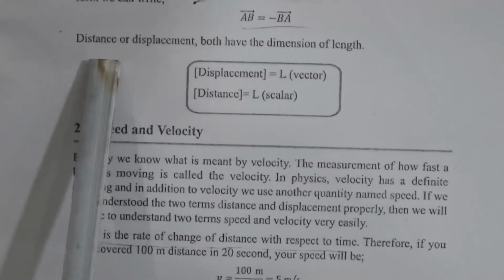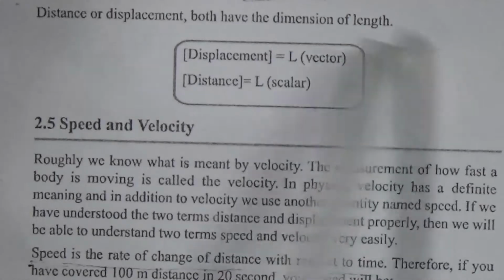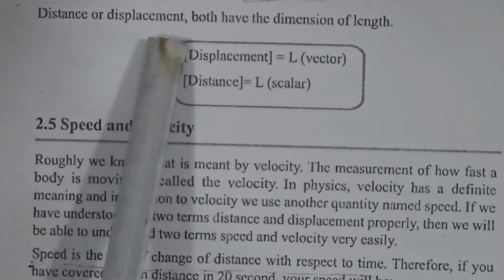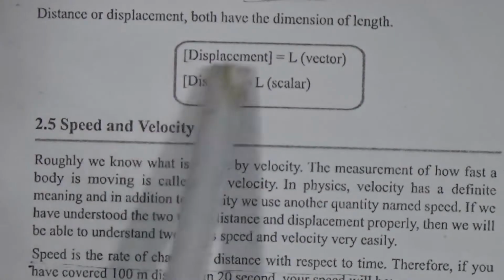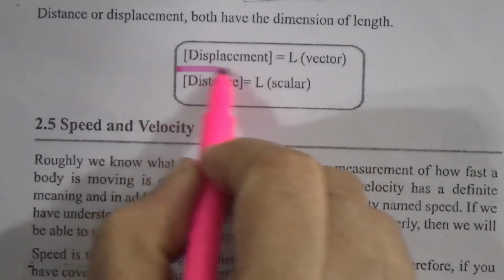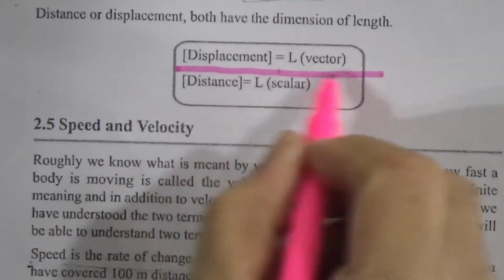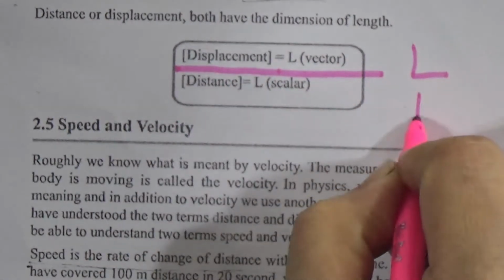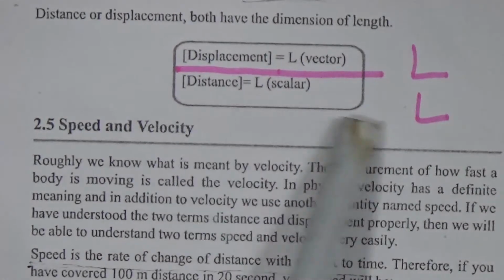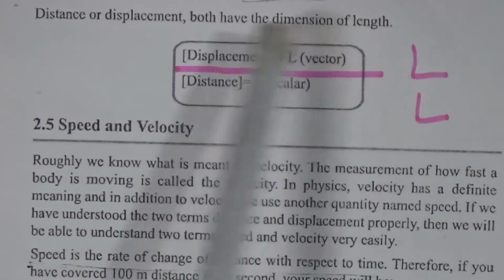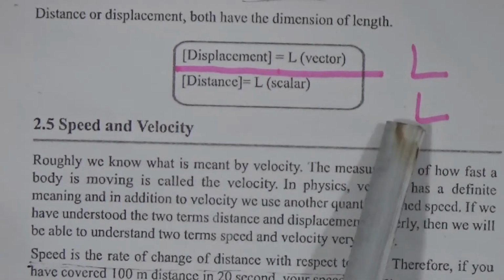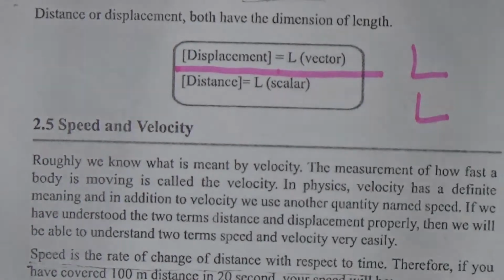Distance and displacement both have the dimension of length, okay. The dimension of displacement is L, and the dimension of distance is also L. Displacement is a vector quantity and distance is a scalar quantity.